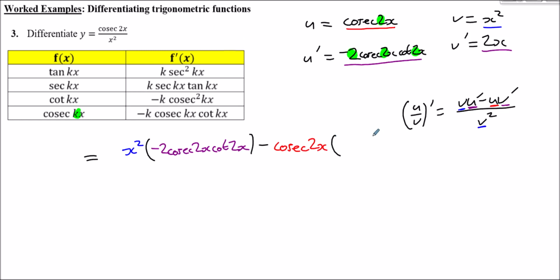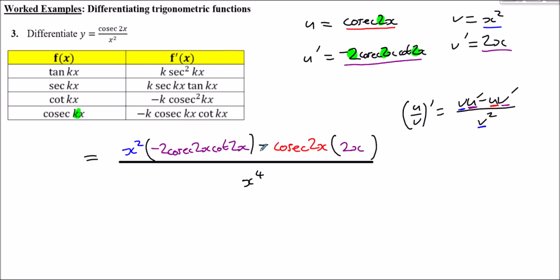V dashed is simply the 2x. All over v squared. So v, of course, is x squared. X squared squared again gives us x to the power 4. So we've got it here.